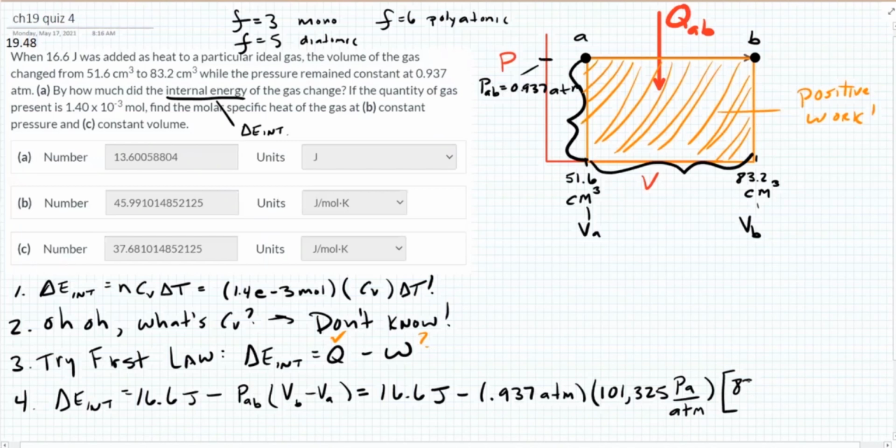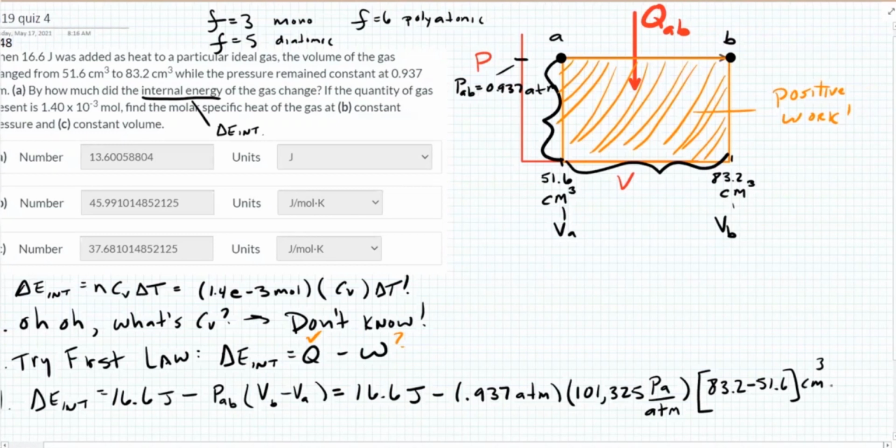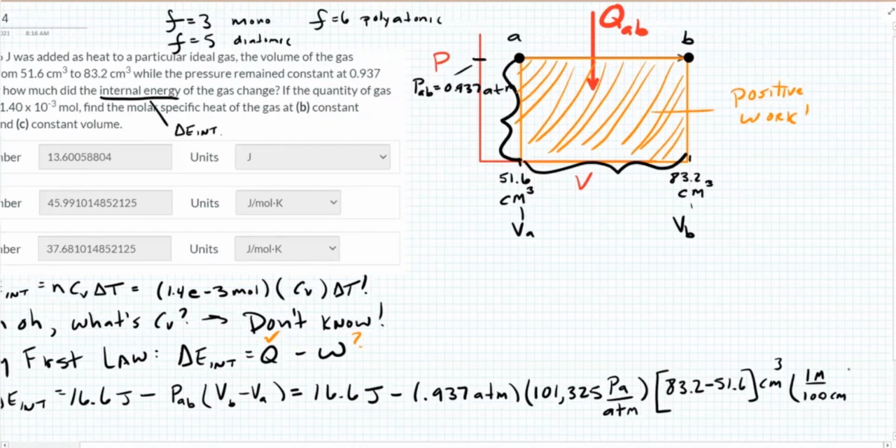So it's 83.2 minus 51.6, common units, centimeter cubed. I don't like that centimeter cubed. That's not going to keep me dimensionally consistent. So I'm going to do 1 meter per 100 centimeters. There's my conversion factor, but I need to cube it. There you go. And is that done?